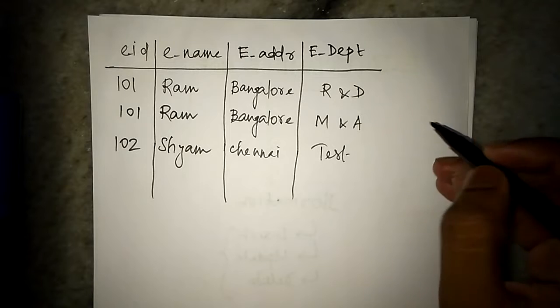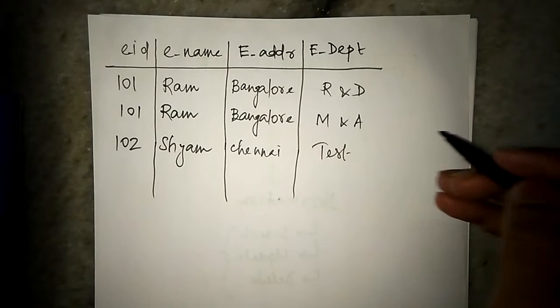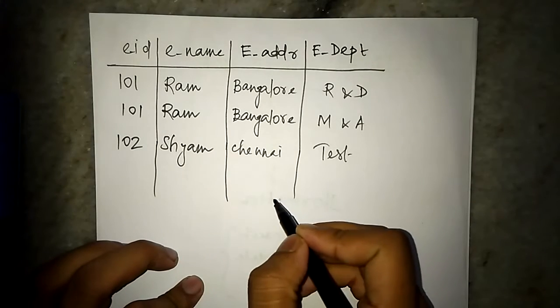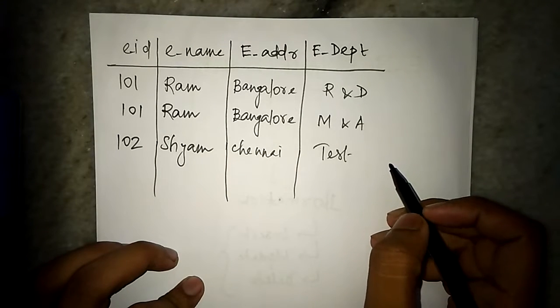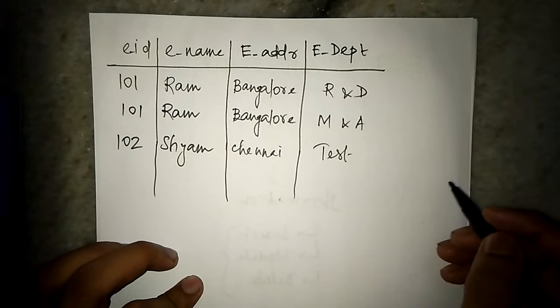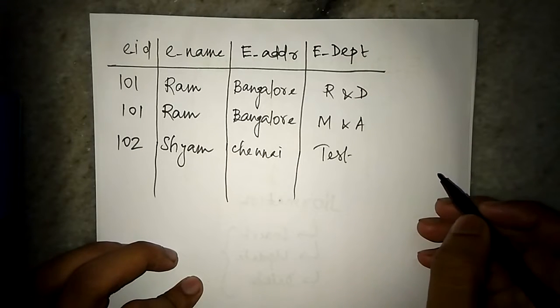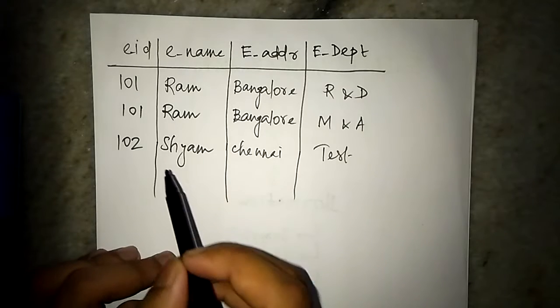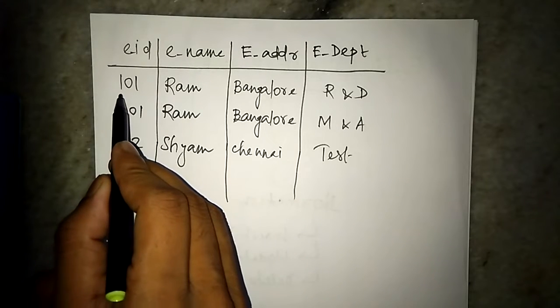You can see there is a table which has four attributes: employee ID, employee name, employee address, and employee department. First, we will discuss the update anomaly. So there is an employee whose employee ID is 101.